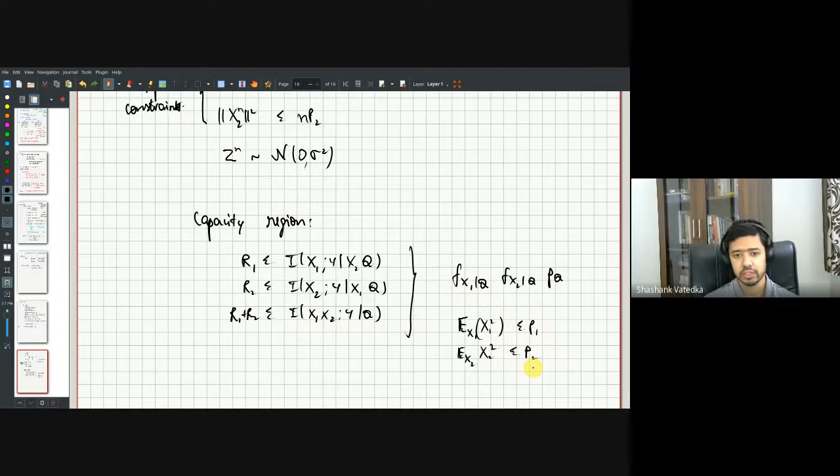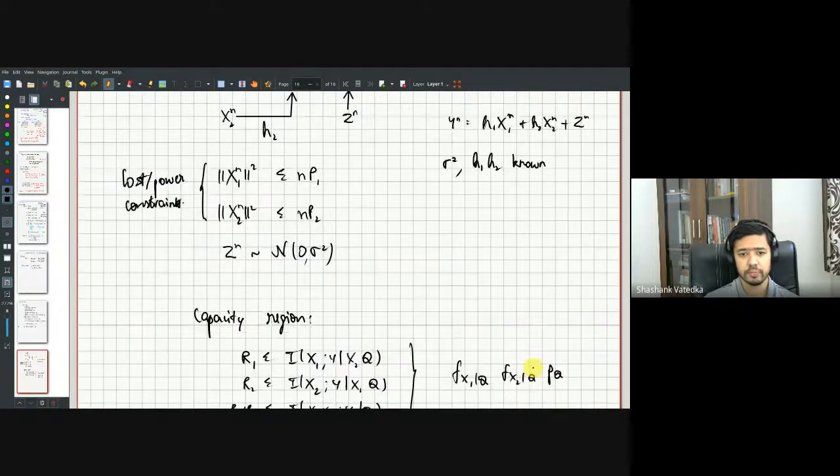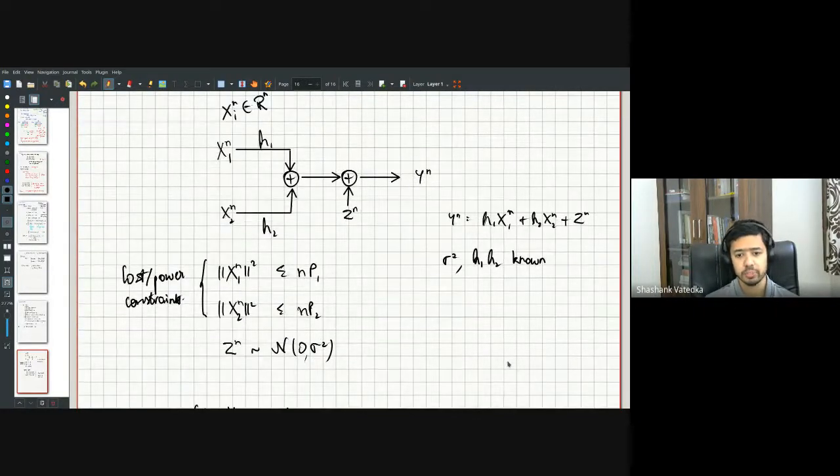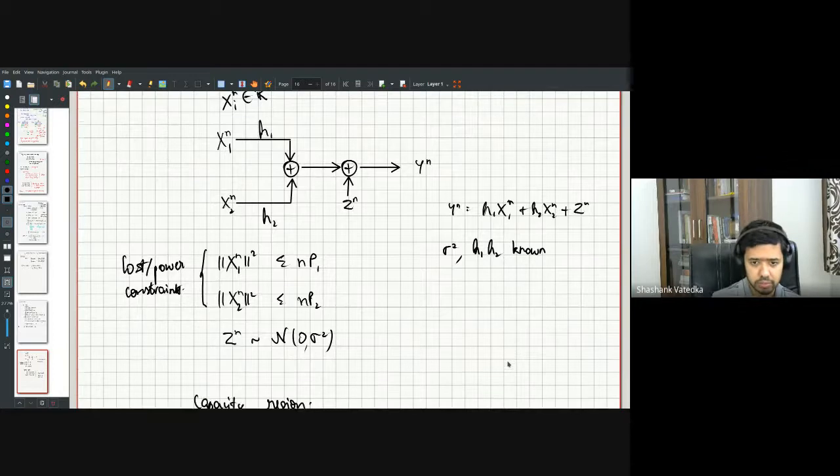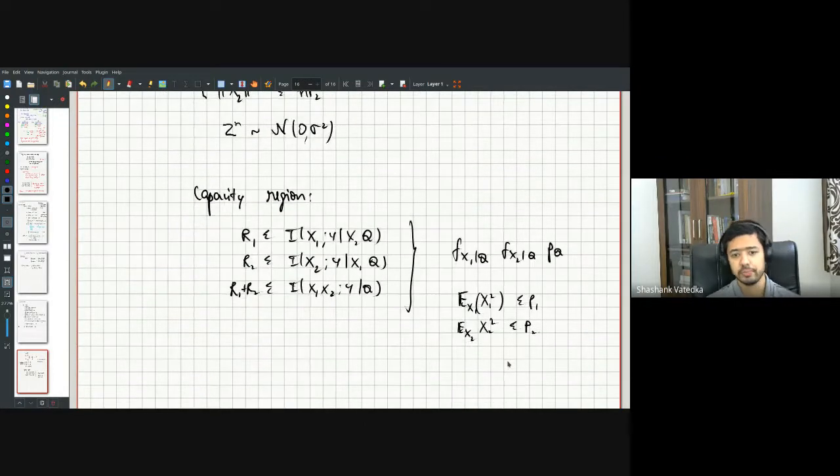So these are the constraints. So this is the capacity region.